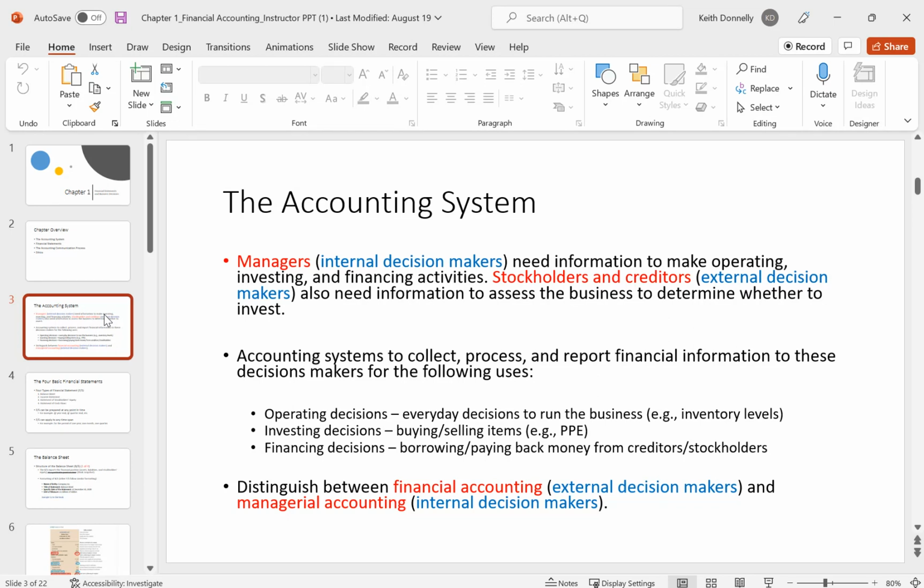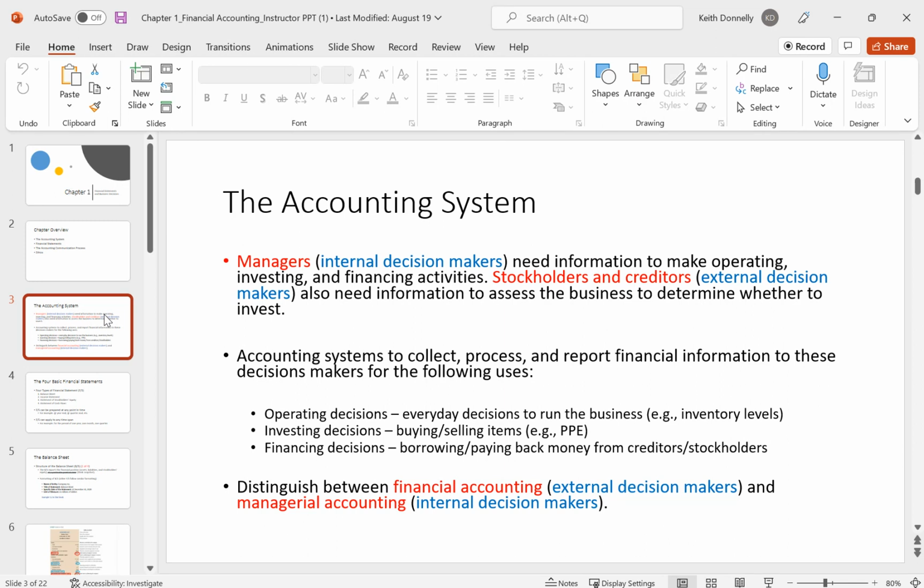Now, this is in distinction to a separate class called managerial accounting. And managerial accounting is really for internal users of the business. So like managers, let's say I'm a manager inside a business and I'm looking at what type of product we should sell, when we should reorder our inventory, what our sales forecasts are. That's like a managerial accounting course.